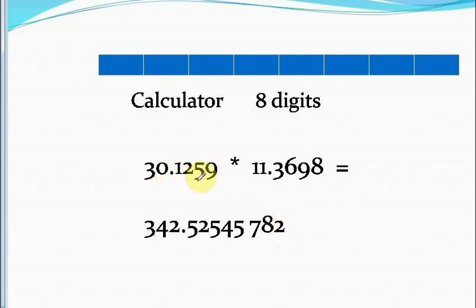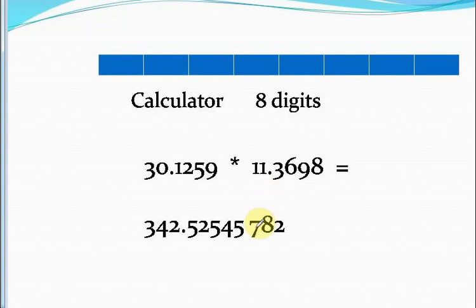Here 6 digits are there. We can easily represent in this 8 digits. Here also 6 digits. We can easily show in this 8 digits. Result is 11 digits. How to fit this 11 digits in 8 digits format?